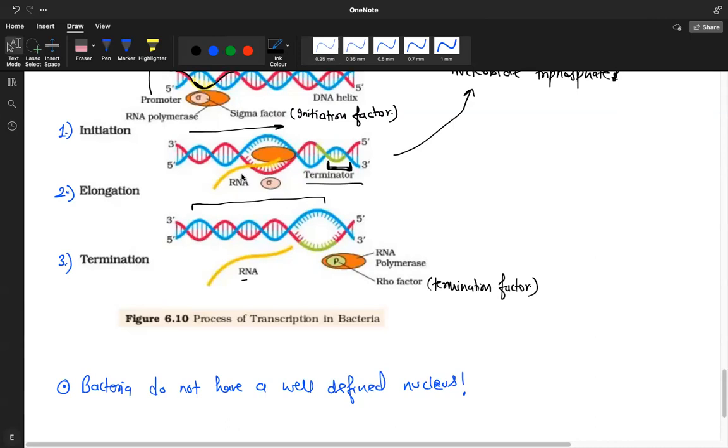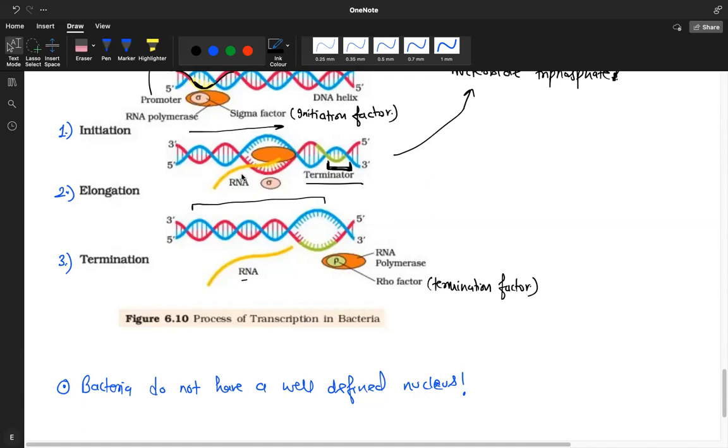So the moment mRNA is forming, even before it is fully mature, it is accessible to the ribosomes, right? The ribosomes are waiting. The moment mRNA starts coming out, the ribosome starts translating it. So even before the mRNA synthesis has completed, protein synthesis is already on its way.